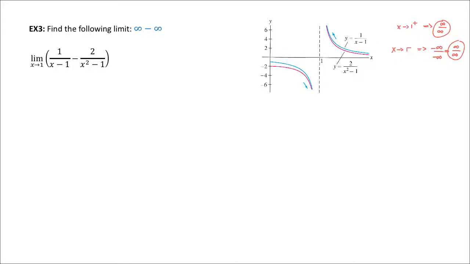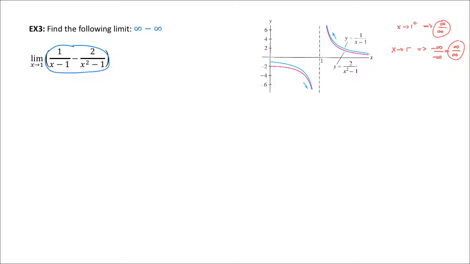Instead of having two separate terms, why don't we get a common denominator and combine the two fractions into one single fraction? In order to save a little bit of time so that I don't have to write limit as x goes to 1 several times as I'm simplifying this expression, let me do this algebra separately.